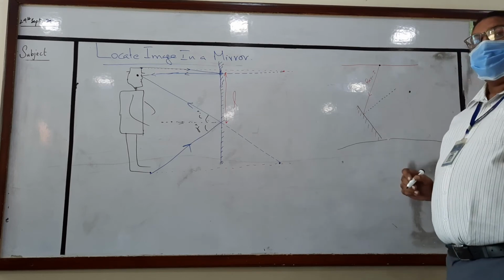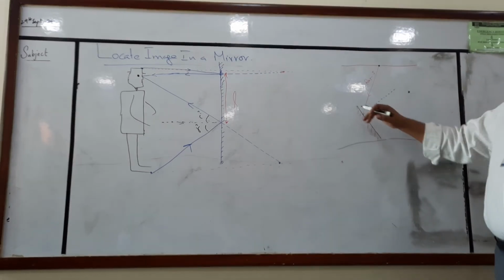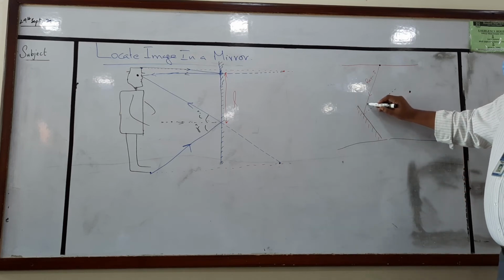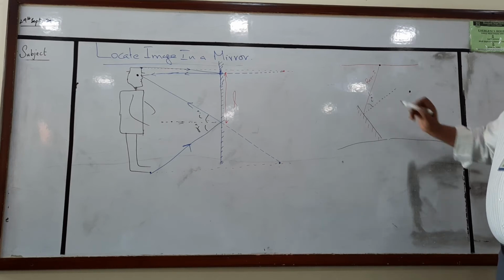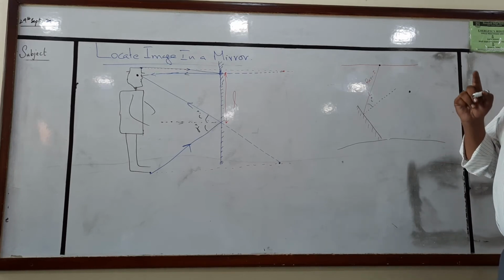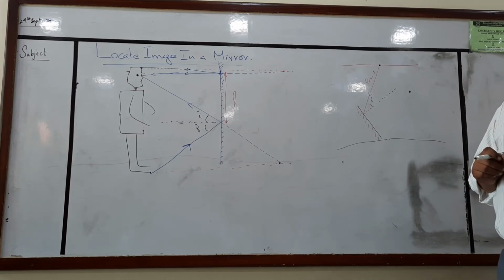What is the normal? It makes a 90-degree angle with the surface of the mirror. With the help of the protractor, measure the angle of incidence, and then draw that angle. Then mark the reflected ray.